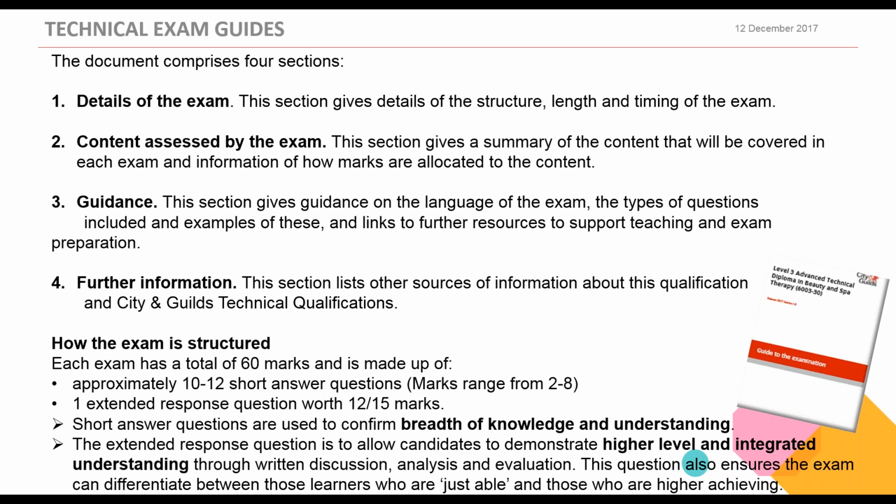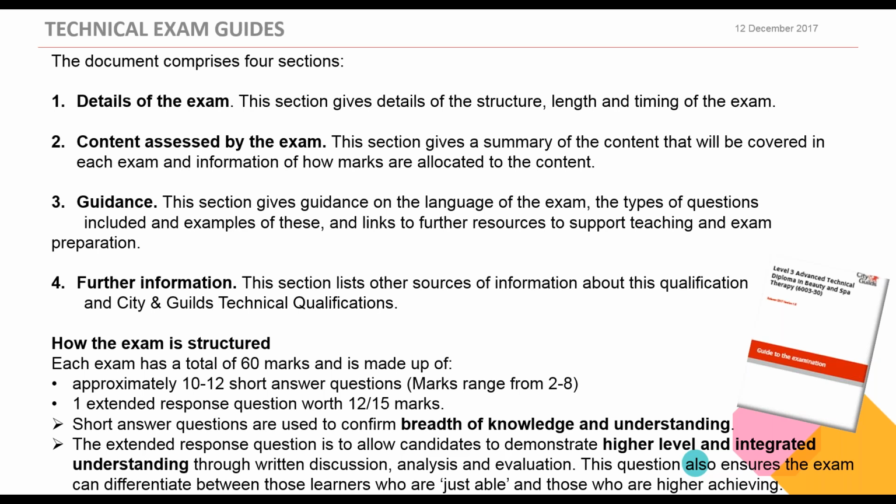The second section goes through the content assessed by the exam: what is the critical knowledge that is going to be in that knowledge test? Section 3 gives guidance about what sort of language will be used in the exam, what sort of command verbs, and links to other support teaching and exam preparation guides for you.